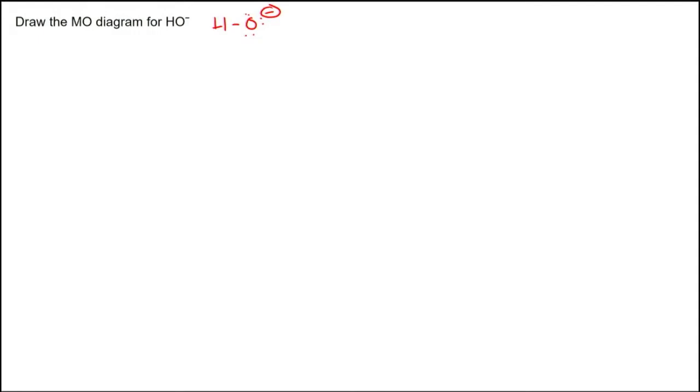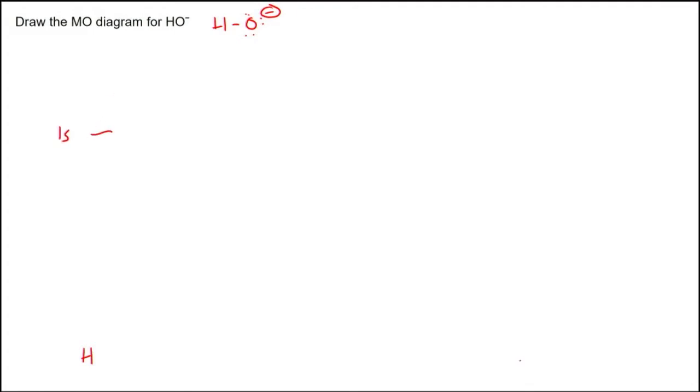Now, when drawing out the MO diagram, you should put the two different atoms on opposite sides of your page. I'm going to have the hydrogen over here. I know that the hydrogen is probably going to be pretty high up in energy, and it only has the 1s orbital, so I'm going to put the 1s up here.